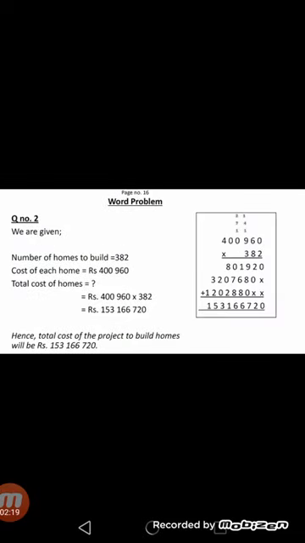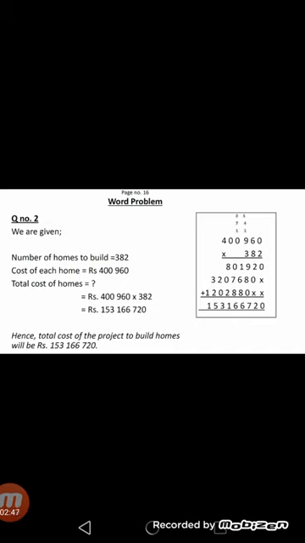To solve word problems, we have to write our statement properly according to the given statement. Now see in the question. The government wants to build new homes, 382. It means the total number of homes which the government wants to build is 382. So we will write: number of homes to build is equal to 382.